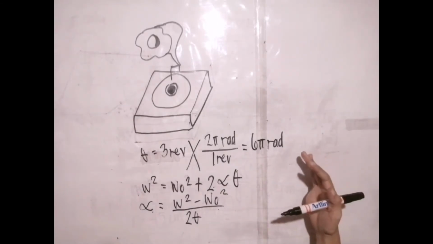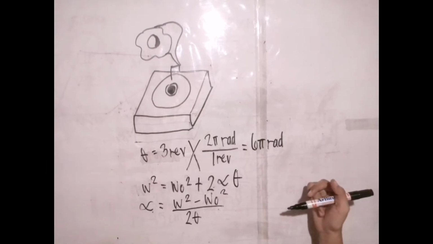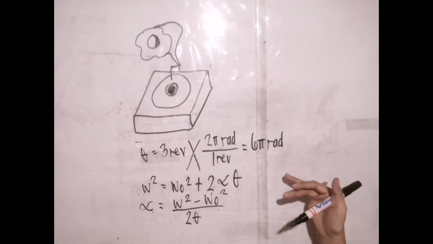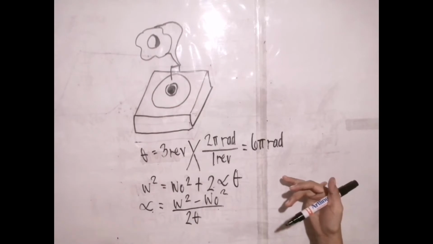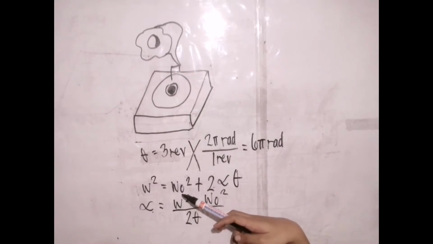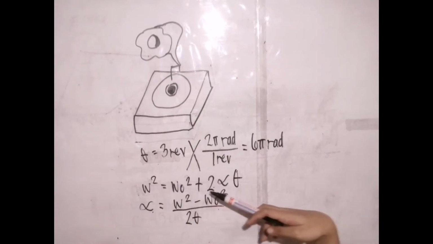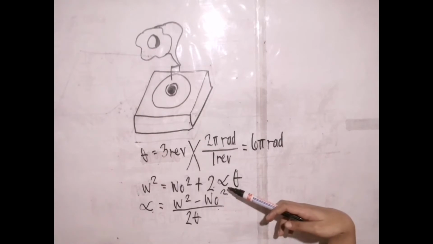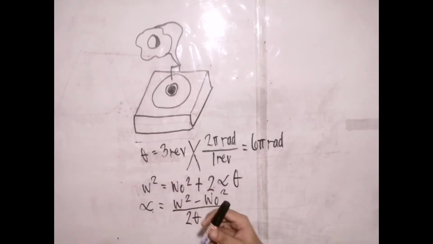And yung ating namang equation, yung ating fifth equation for rotational motion under constant acceleration ay equal naman sa final angular velocity squared equals initial angular velocity squared plus 2 alpha, or the angular acceleration, multiplied by the angular displacement, or yung kinompute natin kanina.